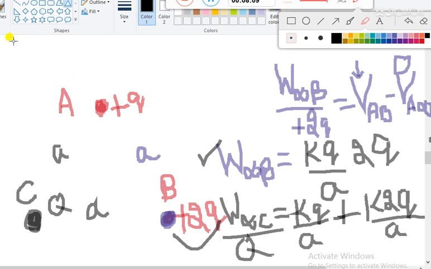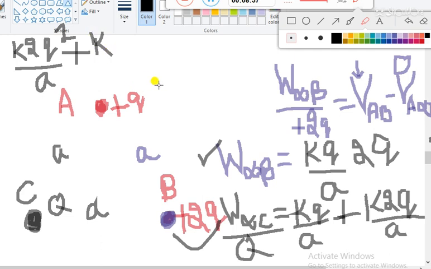If I put the value of K, this work done is K into 2Q square by A, this is the energy from infinity to B, plus K into 2Q plus 3.